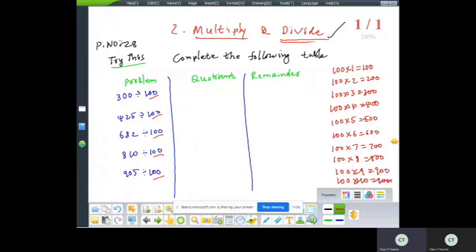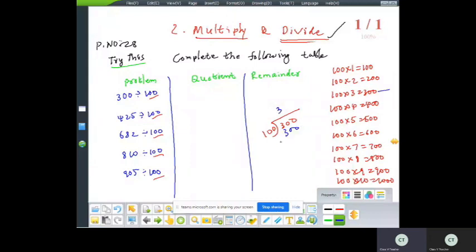This is the table for 100. See, first problem: 300 divided by 100. 100 threes are 300.